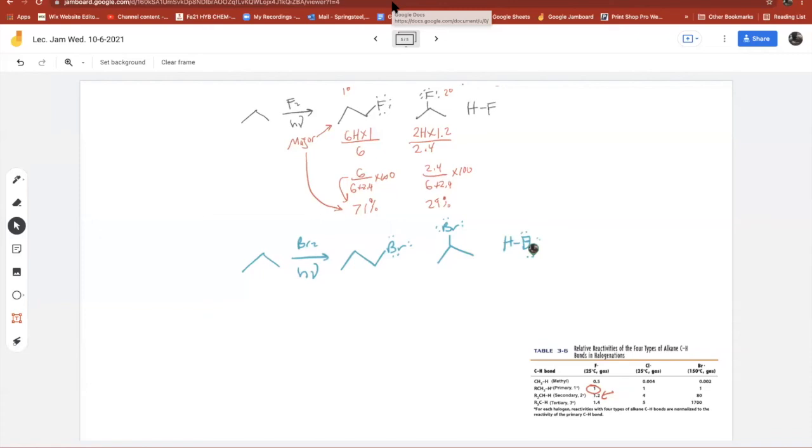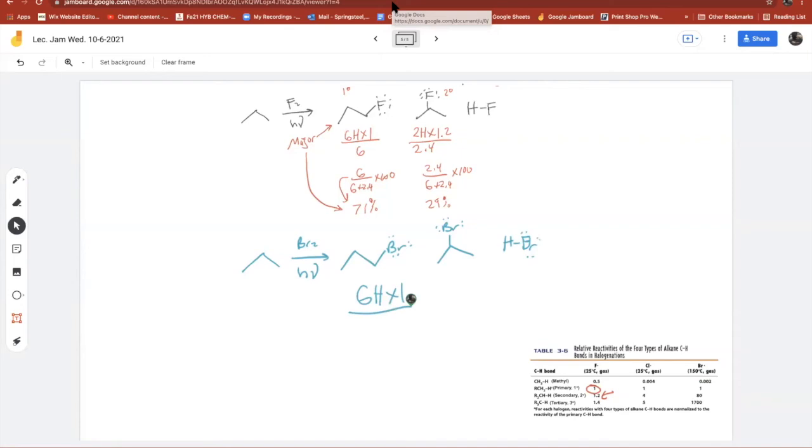Okay. So how many hydrogens can the bromine radical collide with on the reactant? How many hydrogens to make primary? 6 hydrogens. And what's the relative rate for bromine? Just 1. That's our reference.